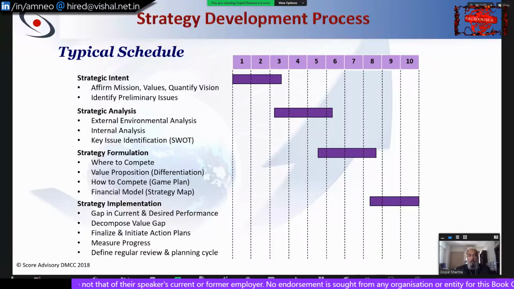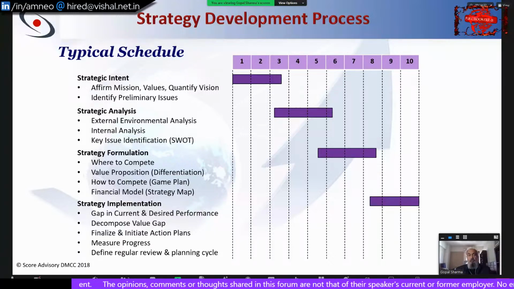So strategy formulation involves some key decisions, and these are big decisions. The first one is where to compete: which industry we are in, which geography we are going to compete in, who our competitors are. All those decisions need to be made. And if you're already a running business, then of course you take the inputs from your previous years' strategic plan, previous years' business plan, and then you don't bring radical change overnight, but you change over a period of time.